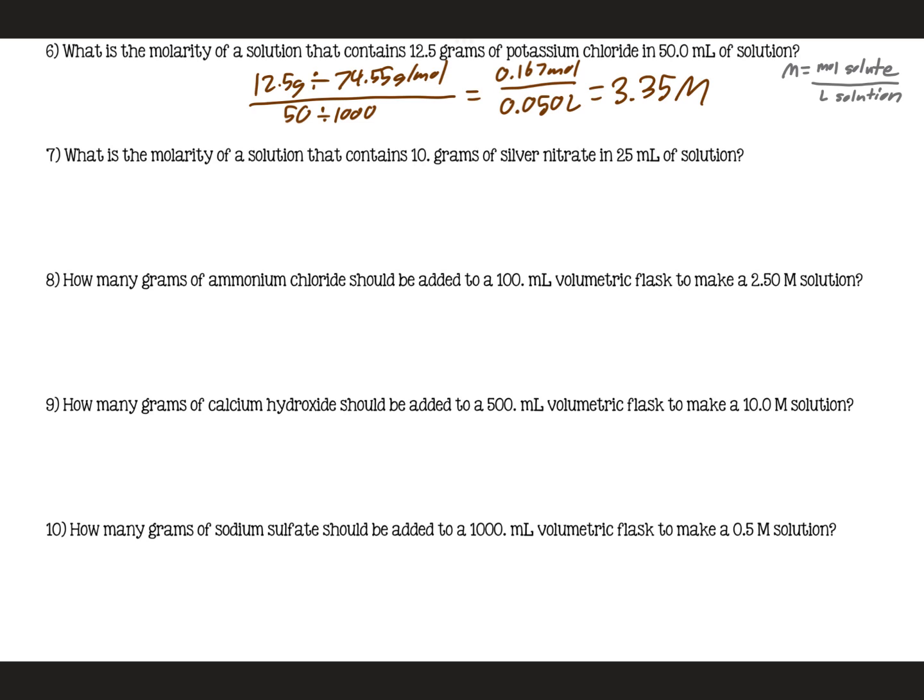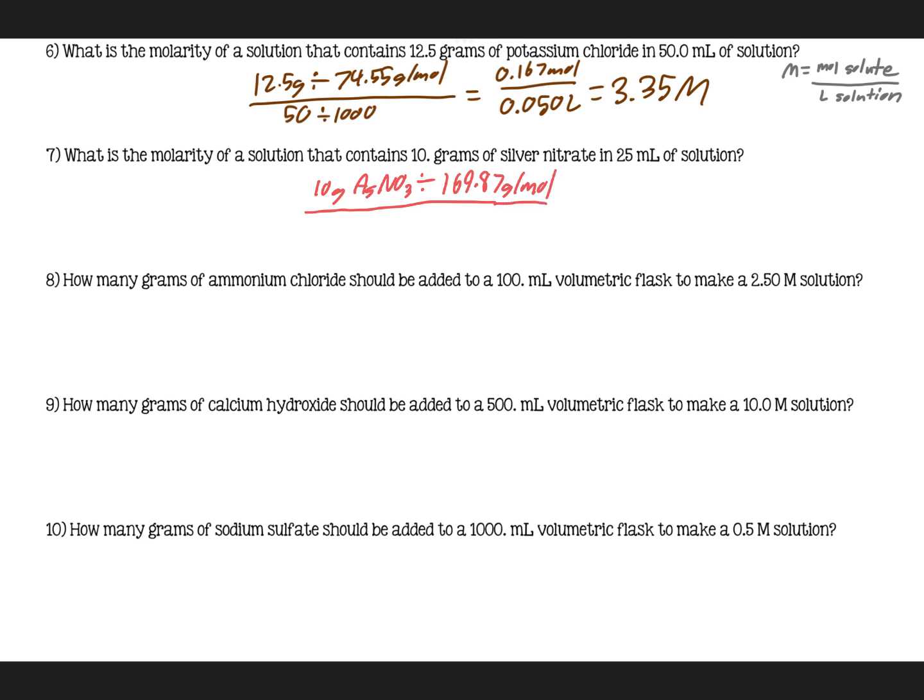25 milliliters of solution. Since we want moles on top, we're going to need to convert our 10 grams of silver nitrate into moles. To do that, we will divide by the molar mass, which is 169.87 grams per mole.